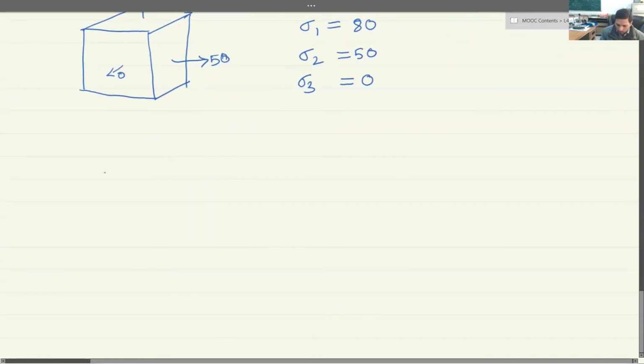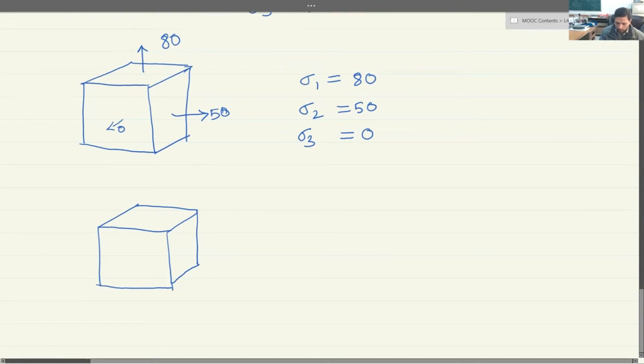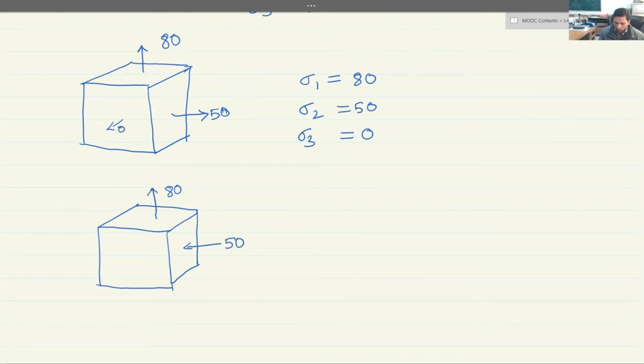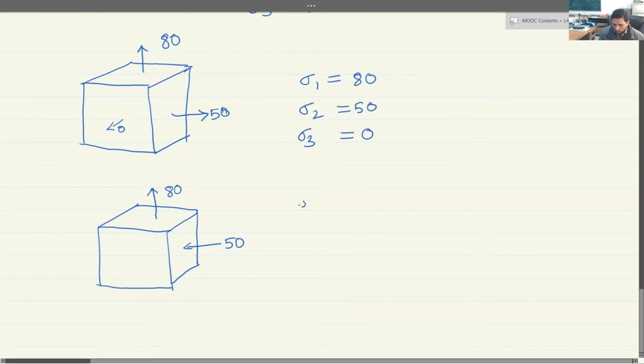Now let's look at another example. Here 80 is still acting on the top face, but 50 is now acting in the compressive direction. So what is the value of sigma 1? Algebraically, this is still the highest value.